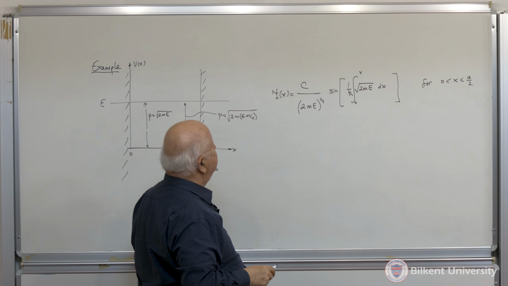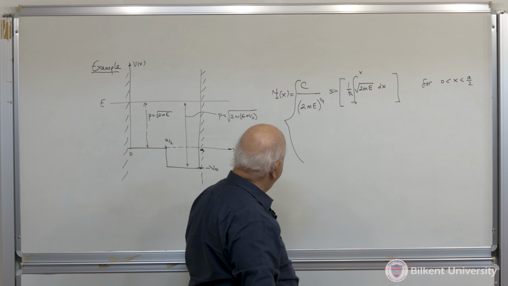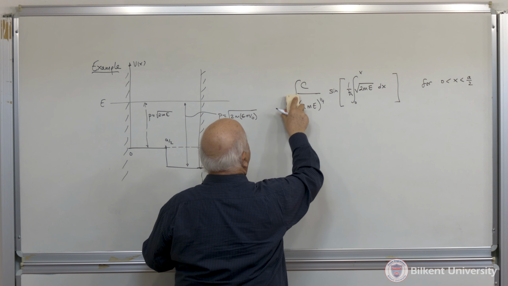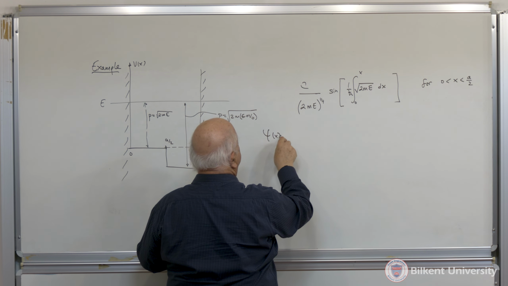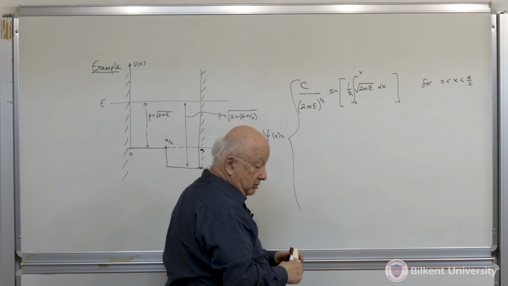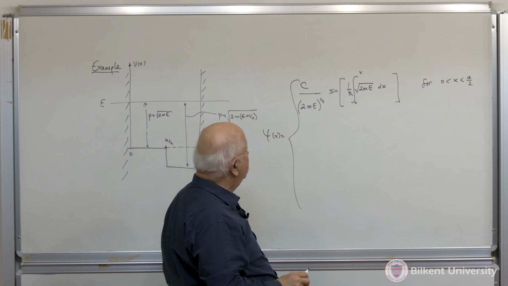There are two possibilities. Now what happens if x is larger than a over 2?